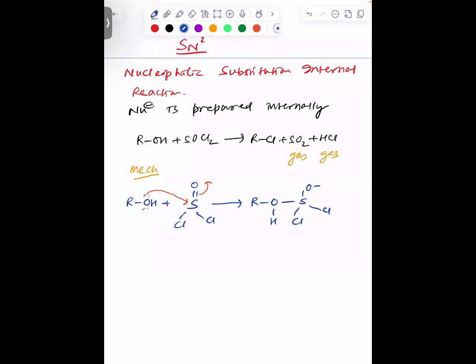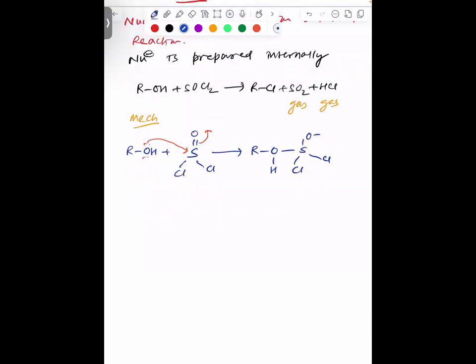Is it clear? O minus, chlorine, and oxygen will have a positive charge. So next step, this O minus will try to make a bond, so chlorine will be released as the leaving group.